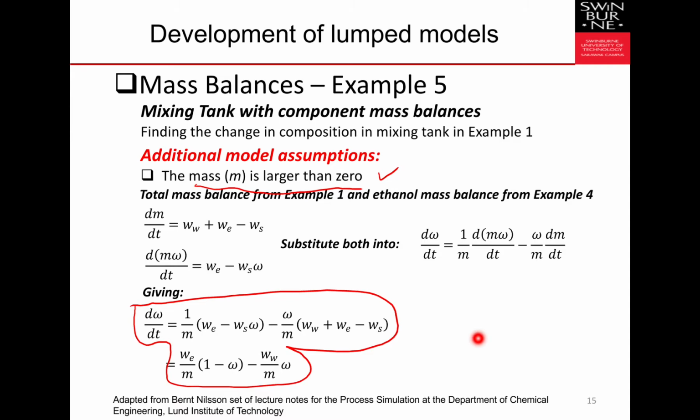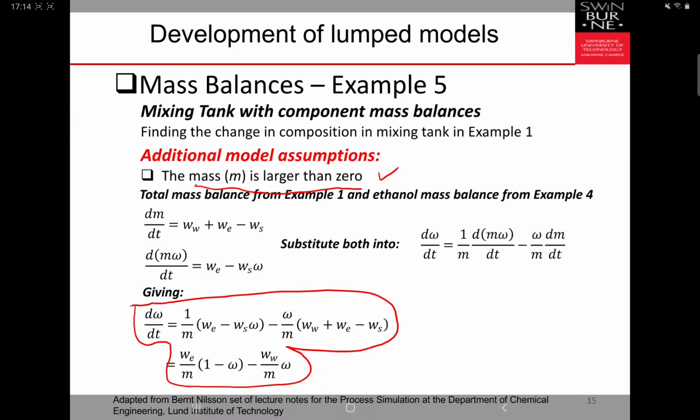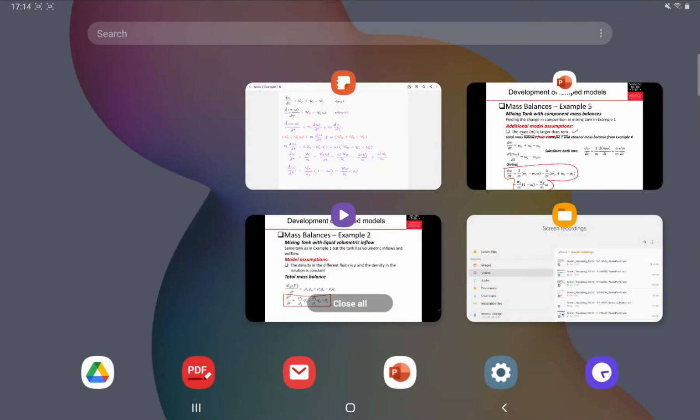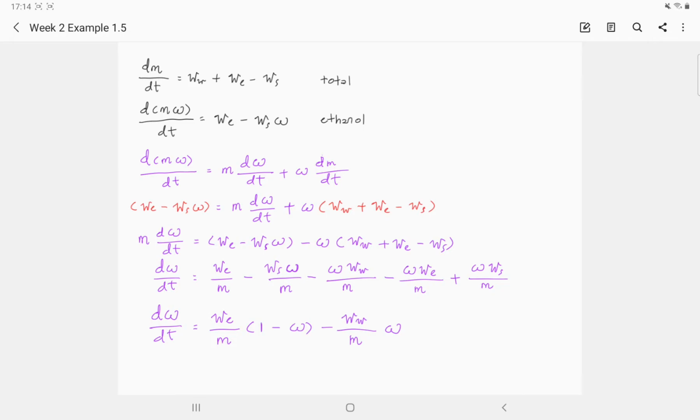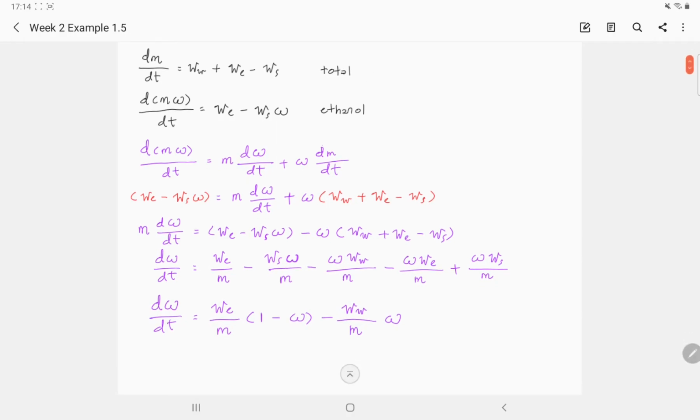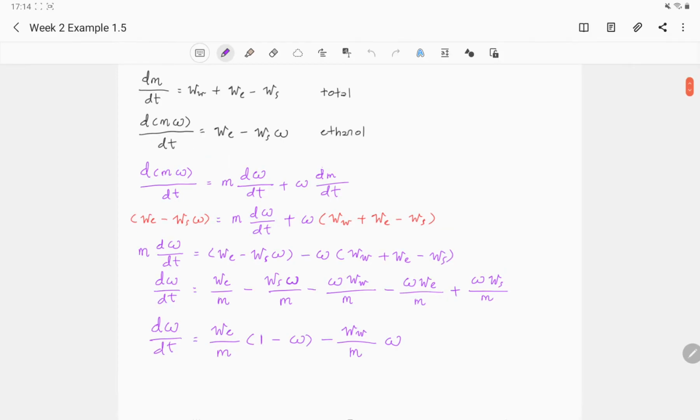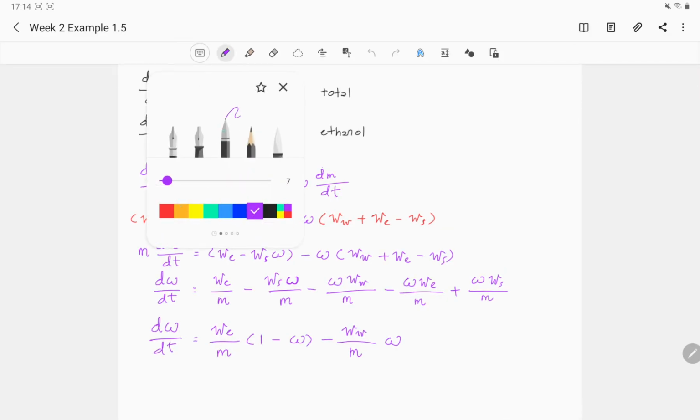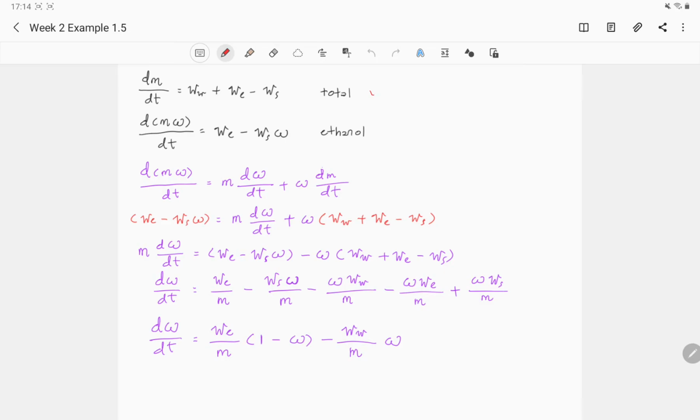I shall go into the notes to show you how we derive that final expression. So imagine that we have this dm over dt is equal to this. This is the total mass balance, and the second one is the ethanol mass balance, and then we have these expressions that we derived earlier on.